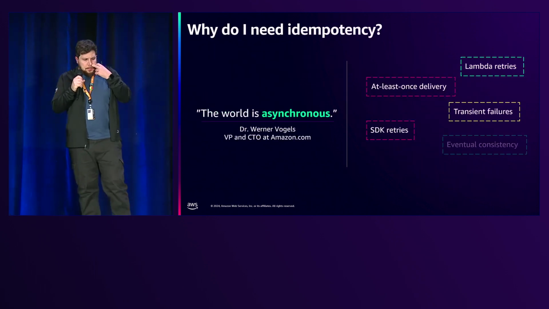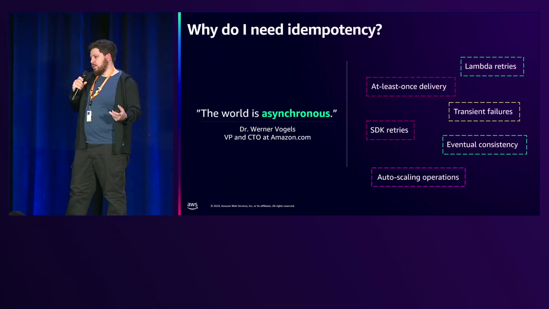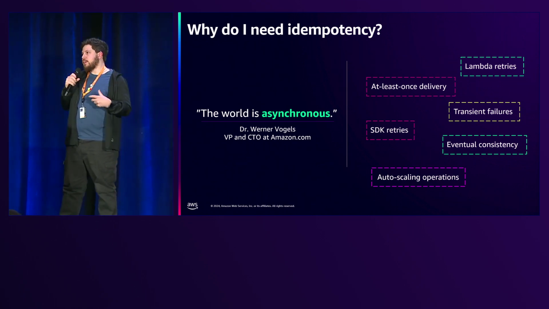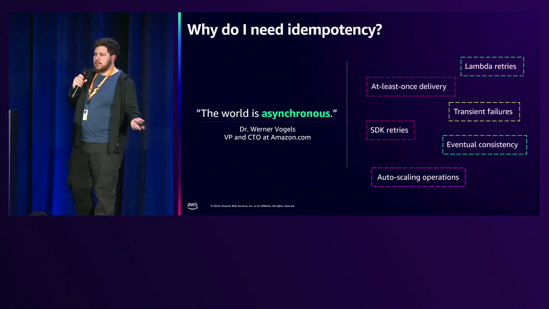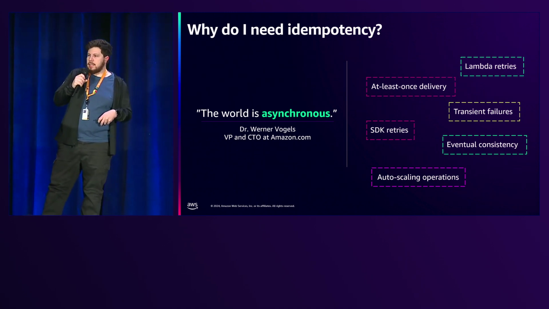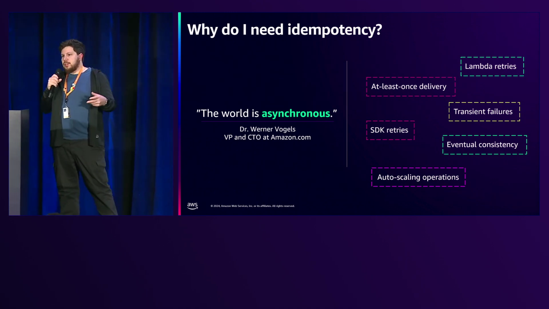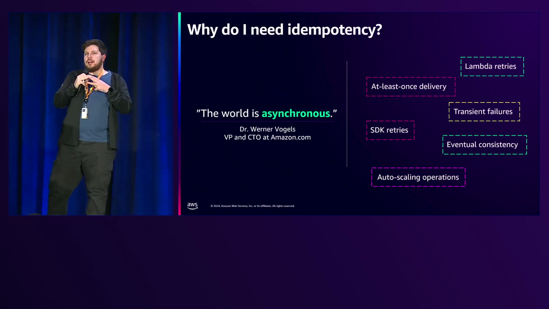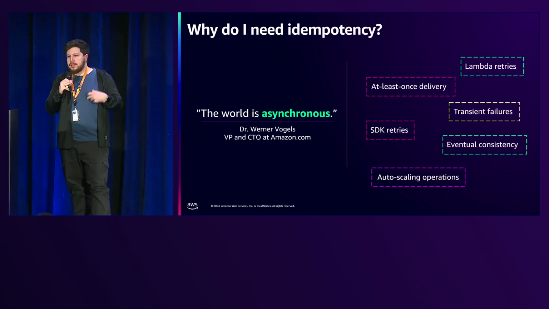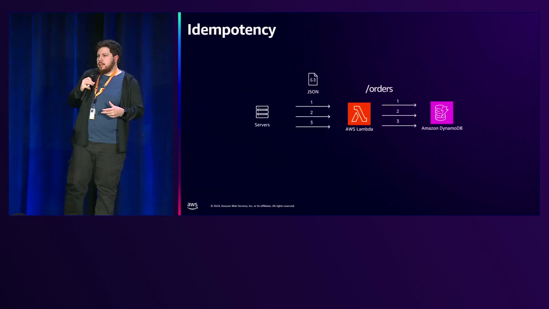Now, this is hard to do usually in Lambda because you need to start thinking about, what if my Lambda function times out? What if I receive 2 concurrent requests? What if I want to consider an operation idempotent only after a certain amount of time?